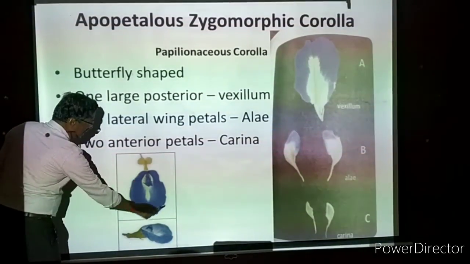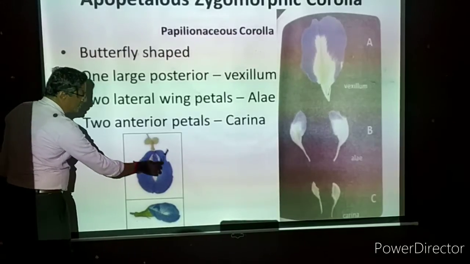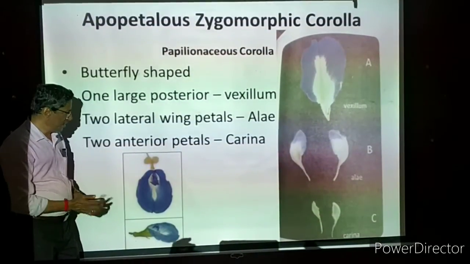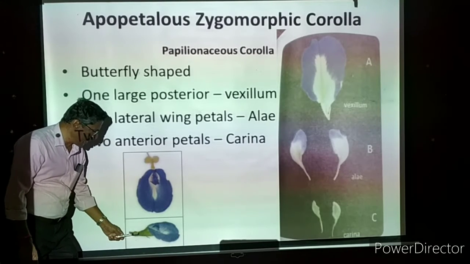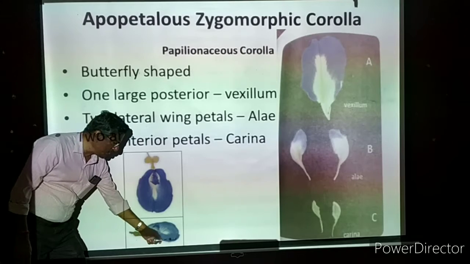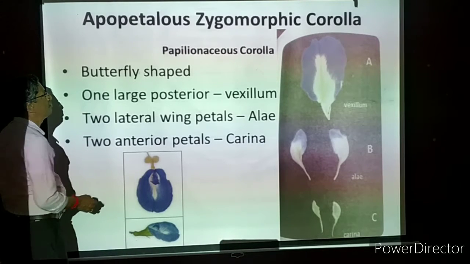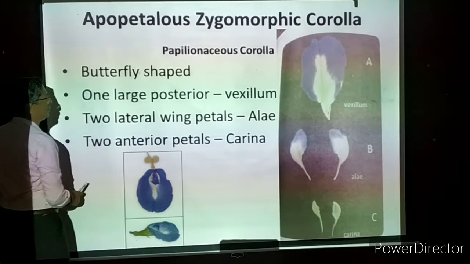The best example is Clitoria, the flower if you take. Now this is hanging. If you take this corolla, it gives the appearance of the wings of a butterfly. This is the body of the butterfly and wings of the butterfly. Even in the horizontal view, the body and wings of the butterfly. So it is a butterfly shaped corolla. That is called a papilionaceous corolla.